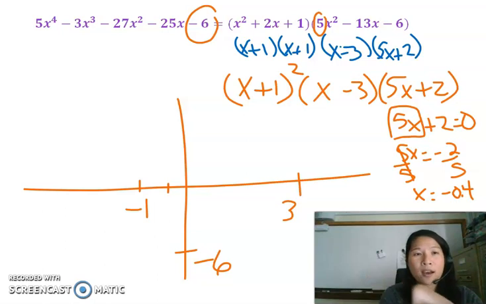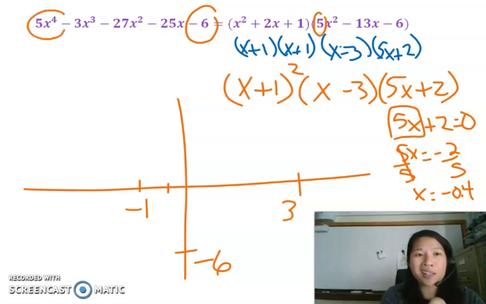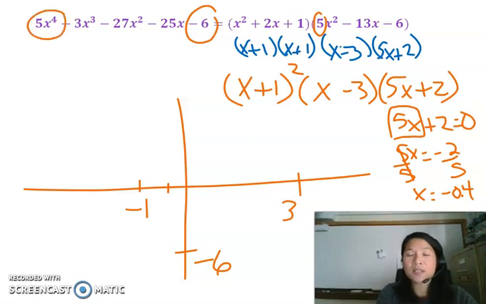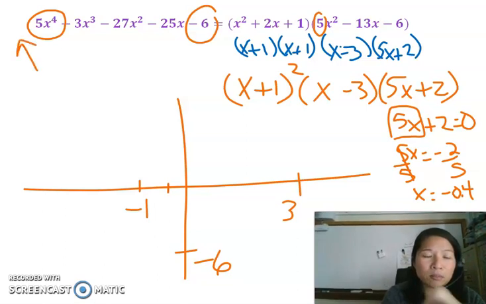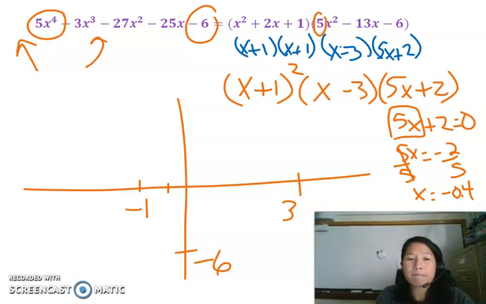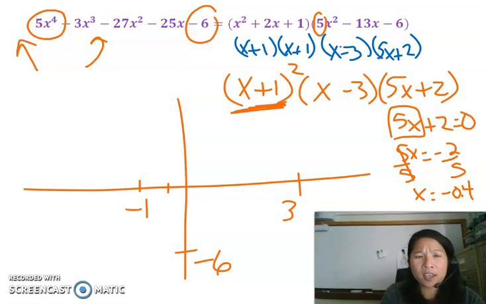So now we have positive even, right? Positive even, that means both of the end behaviors go up. Notice x plus 1 is a repeated zero with a multiplicity of 2, so we know that it bounces there. So let's go ahead and sketch a graph.